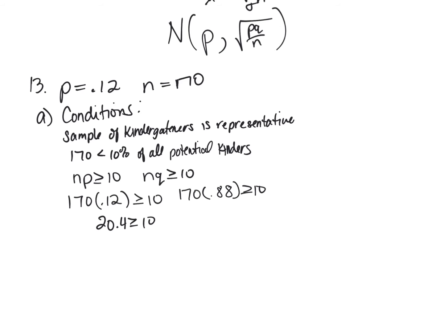But what we're saying is we would expect an average of 20.4 kindergartners to be nearsighted. And then 170 times 0.88 is 149.6. You have to write down that number. Okay? You can't just leave it as 170 times 0.12 and then not write the 20.4.